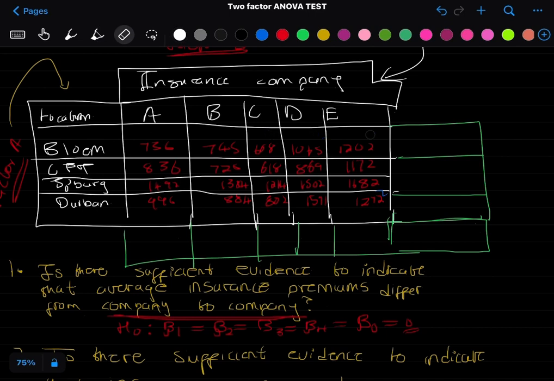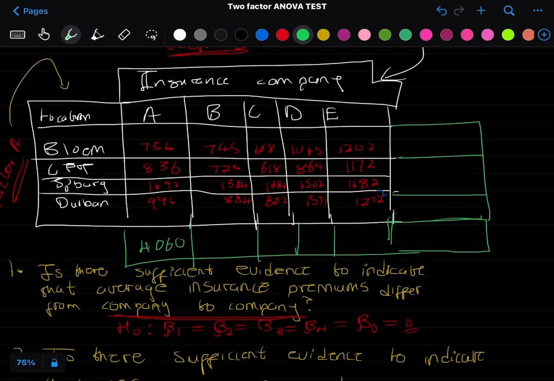Let me just move this first. So now I'm going to use a calculator. Let's find the column sums first. So it's going to be 736 plus 836 plus 1492 plus 996, which is 4060.